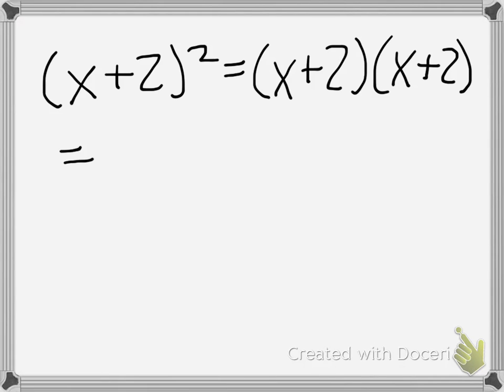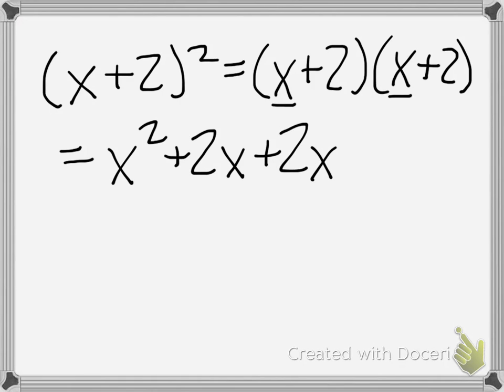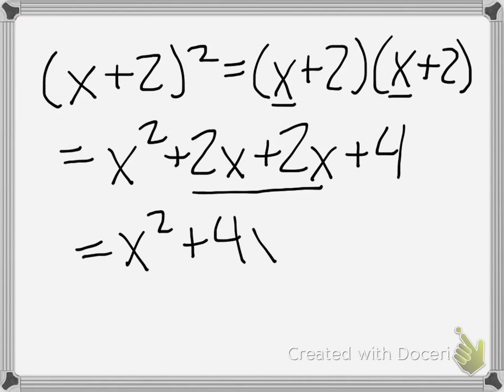First term times the first term, that's x times x, x squared. Outside, x times 2, plus 2x. Inside, x times 2, plus 2x. Last, 2 times 2, plus 4. These are like terms, 2x plus 2x is 4x. x squared plus 4x plus 4.